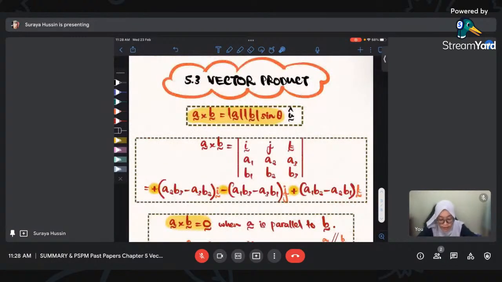Okay, now last one, vector product. So vector product, kita ada bukan lagi dot. Of course, this is 5.3, a new knowledge. Vector product is totally different to scalar product. Sangat beza. So A cross B. Nama lain dia adalah cross product.